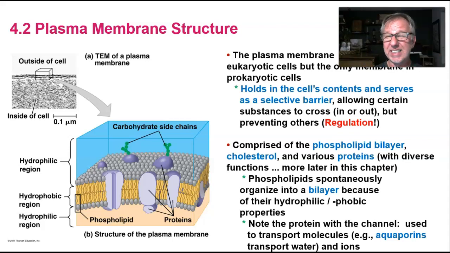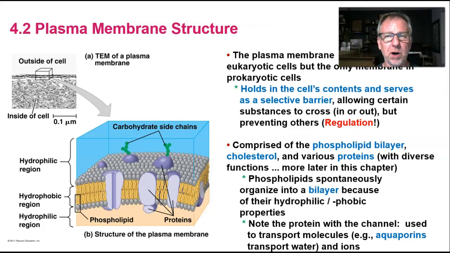And it serves as a selective barrier, like I said, kind of like a bouncer at a nightclub. Hey, you can come in. You're a molecule that can pass through. But you can't come in. Not going to allow you in. You're a kind of molecule that's not allowed. It's that kind of thing. And this shows the property, like in chapter 1, of internal regulation.